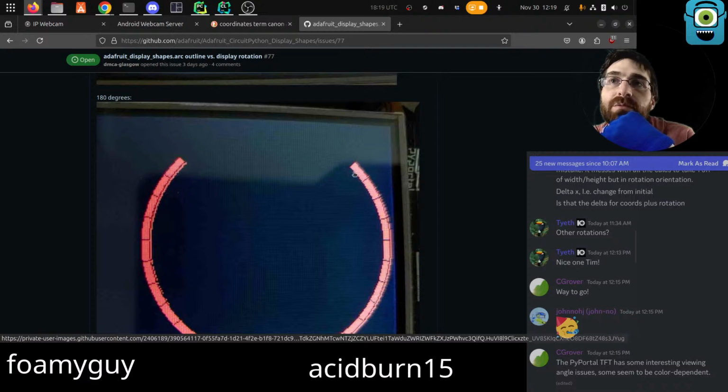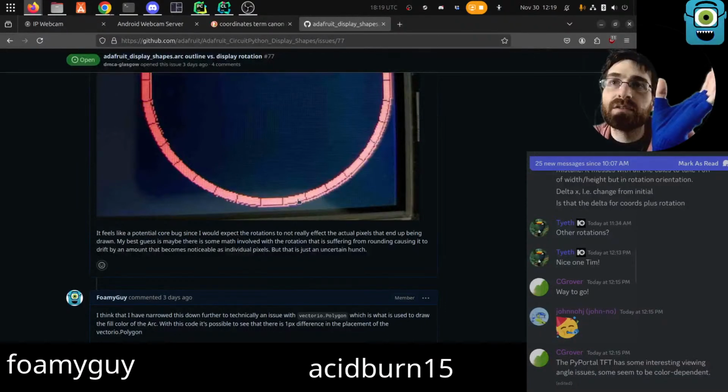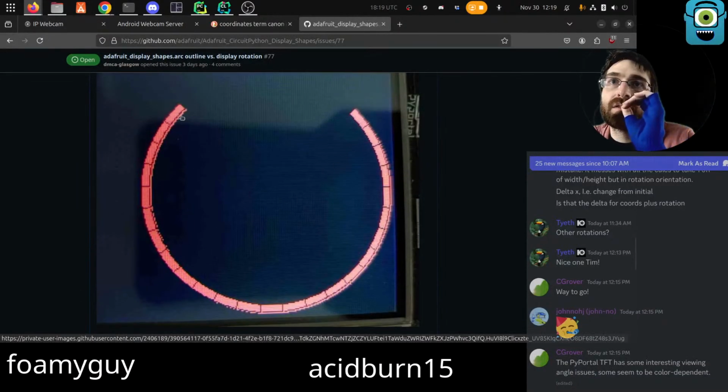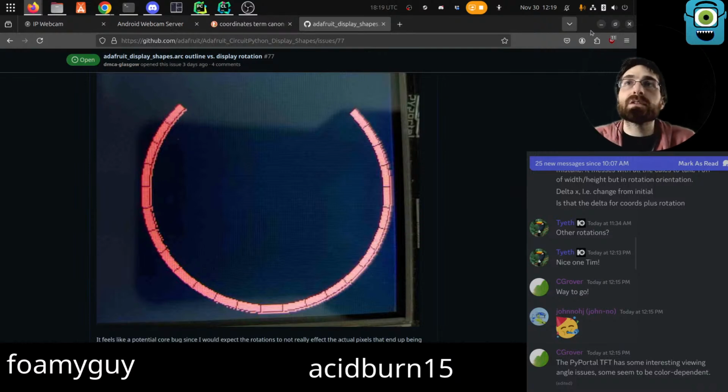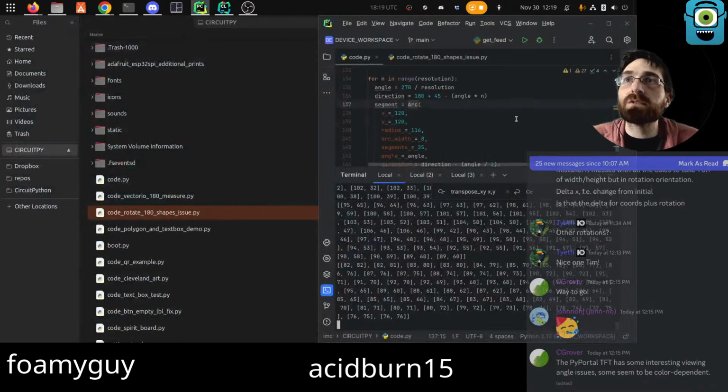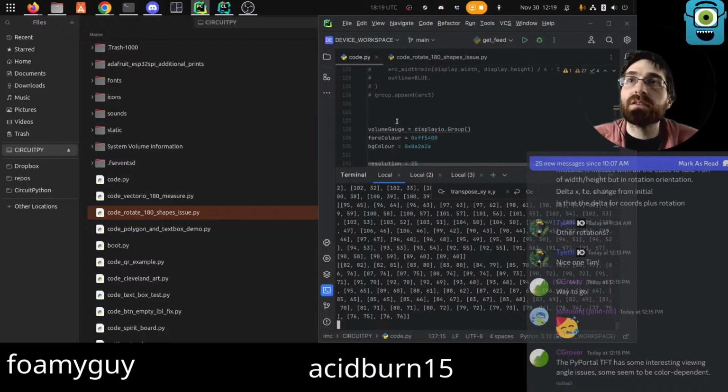It uses display shapes polygon for the outlines, uses vector IO polygon for the fill. Because vector IO polygon was off by 1, it means we have this extra pixel here, this extra pixel here, all the way around here. All of that looking messed up. Okay, and this did fix it because we're still on 180 right now because my code doesn't currently change it.